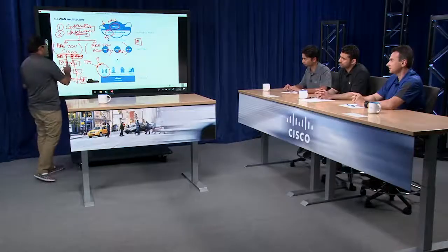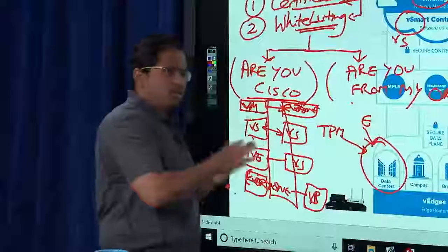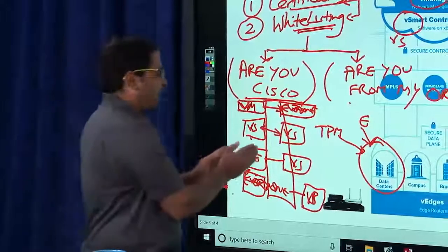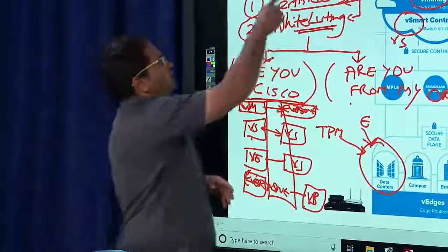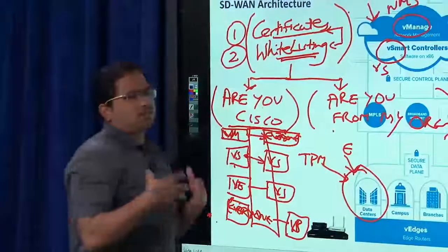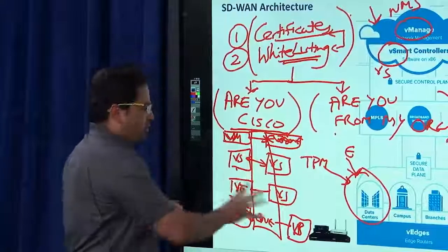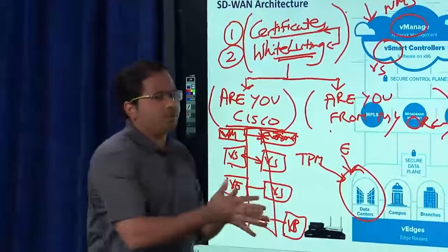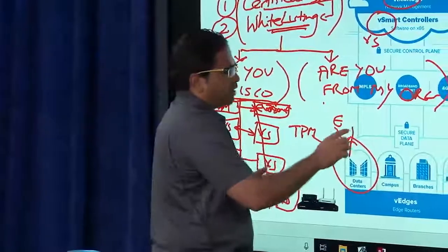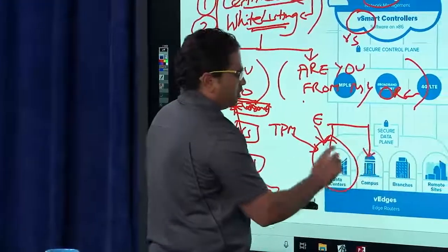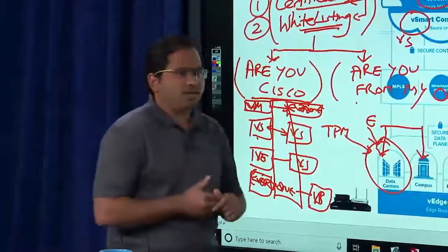It could be between two vSmarts, a vSmart and a vBond, a vSmart and the NMS, any combination, but one end of the communication should terminate on a controller. And this is where the whitelisting and certificate authentication actually takes place for the secure control plane. There is a secure aspect of the data plane for edge-to-edge communication, but that uses IPsec, and we'll drill down into that next.